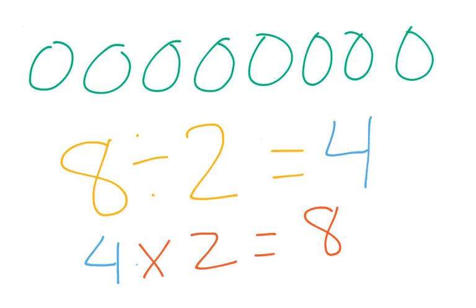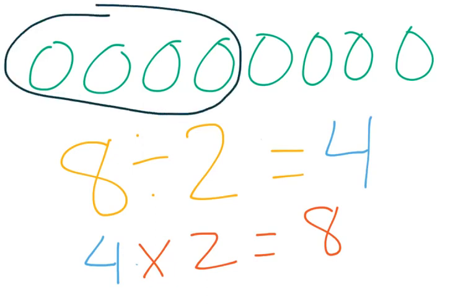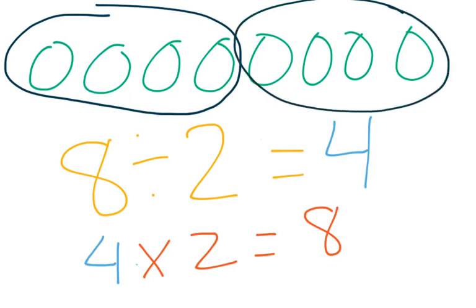I'm going to take my pen and divide this into 4 and 4. It's even because it can be divided equally. I know that I am beating a dead horse by saying this, but remember, it has to be divided equally in order for it to be even.